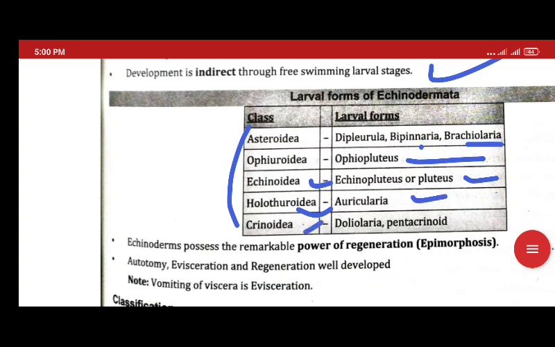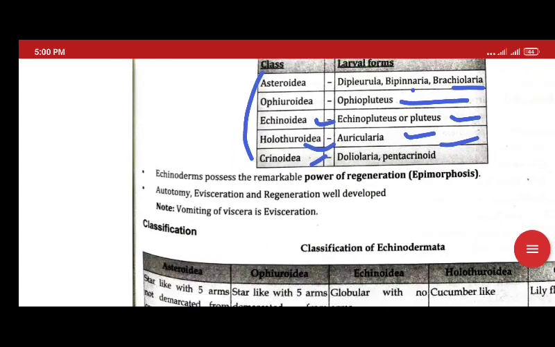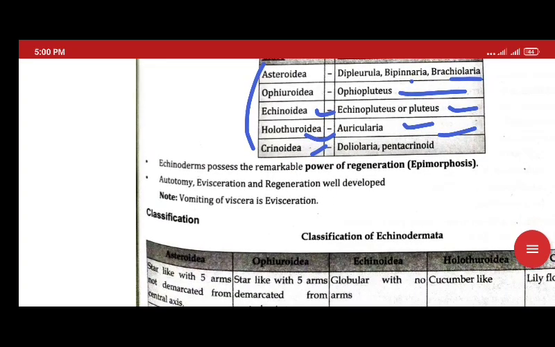Crinoidea contain Doliolaria, or Pentacrinoid. Now we have a special power of regeneration, that is epimorphosis. Epimorphosis and morphallaxis, both autotomy and evisceration, are well developed.